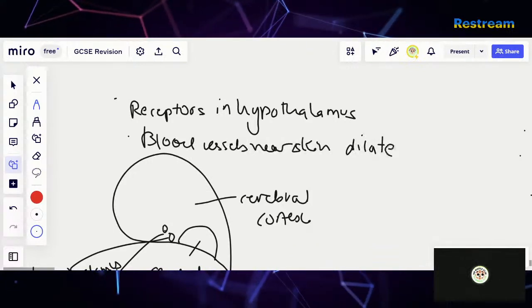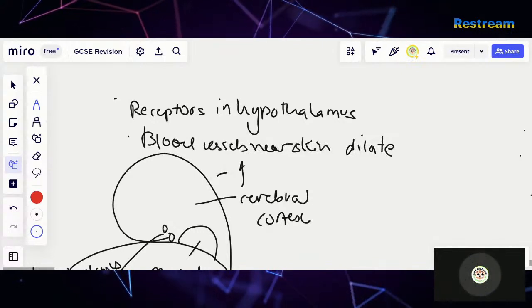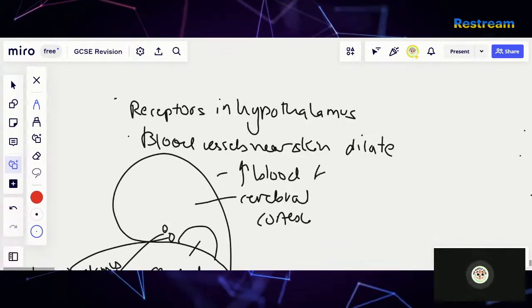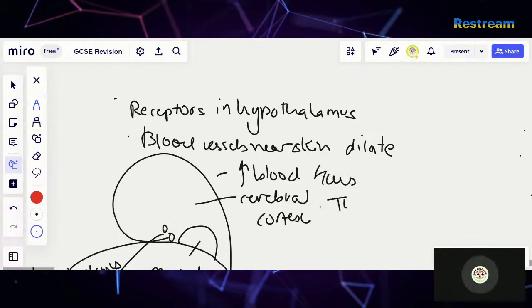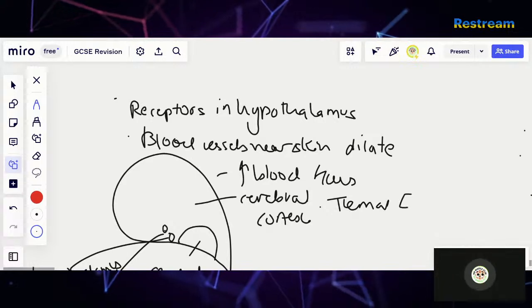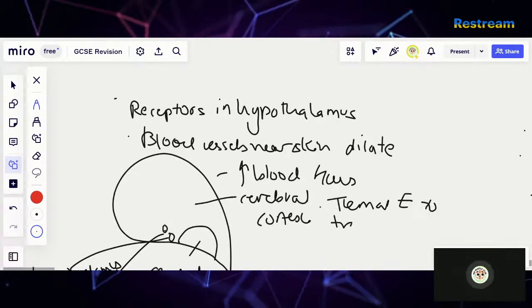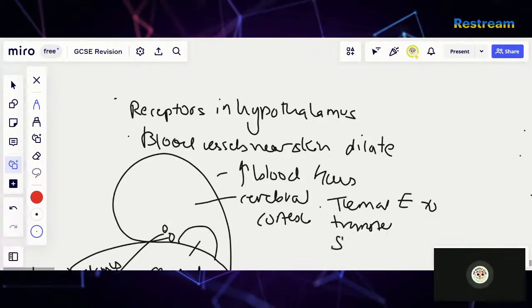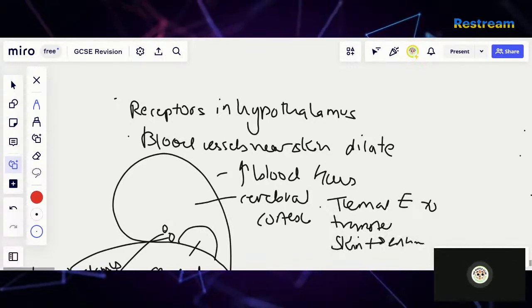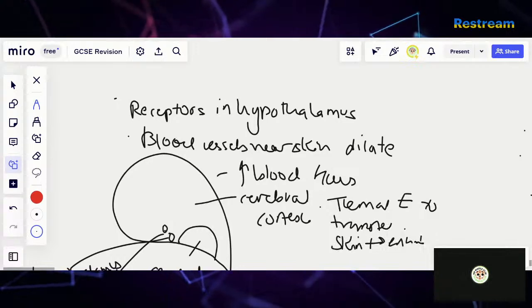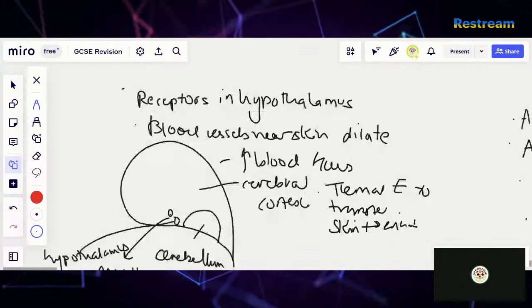And as they get thicker, this then means that more blood flows really close to the skin. And as blood flows really close to the skin, this allows thermal energy to transfer from the skin to the environment. Okay.